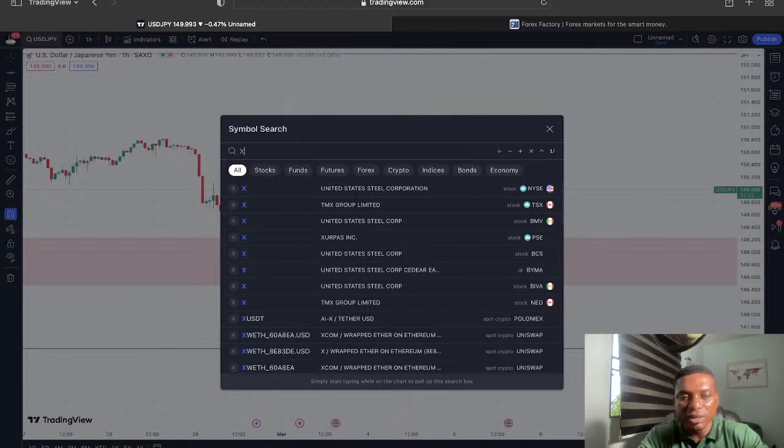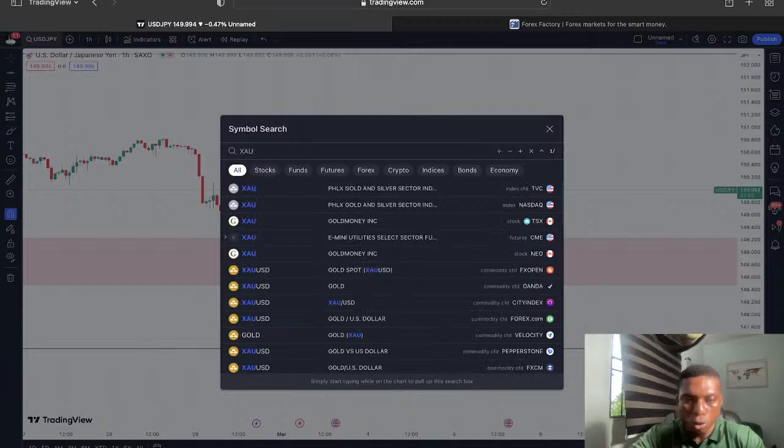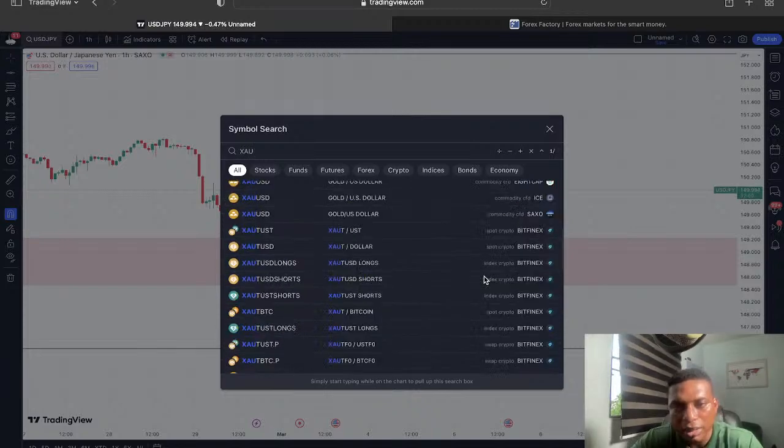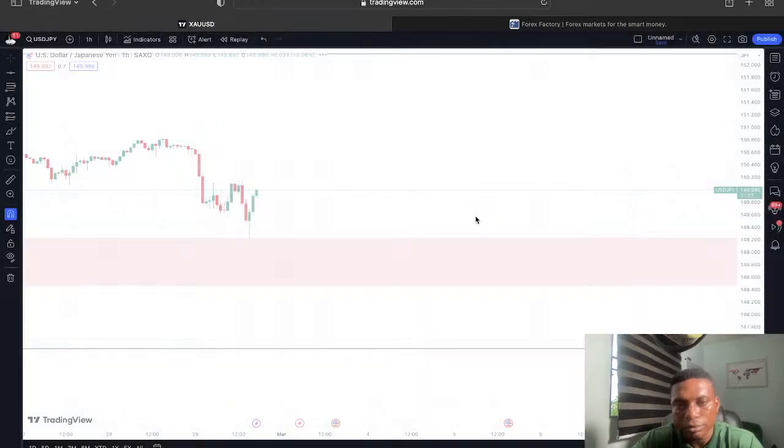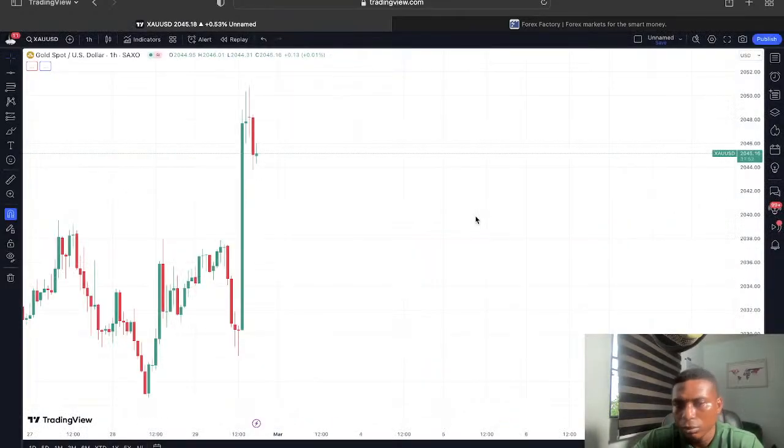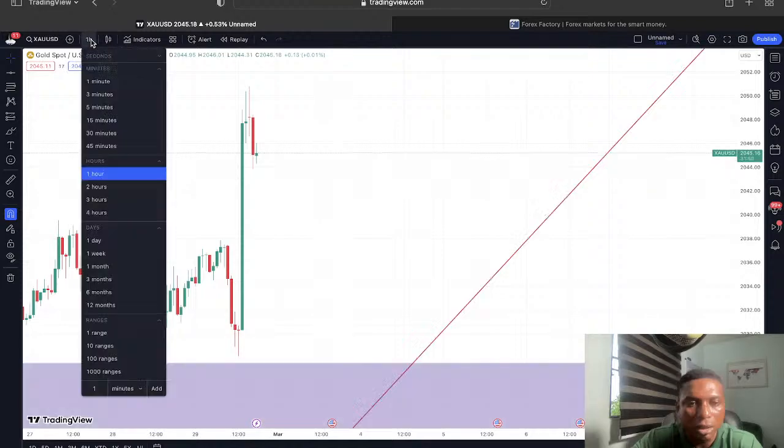Now lastly, let's look at the gold market. Let's look at the gold market.